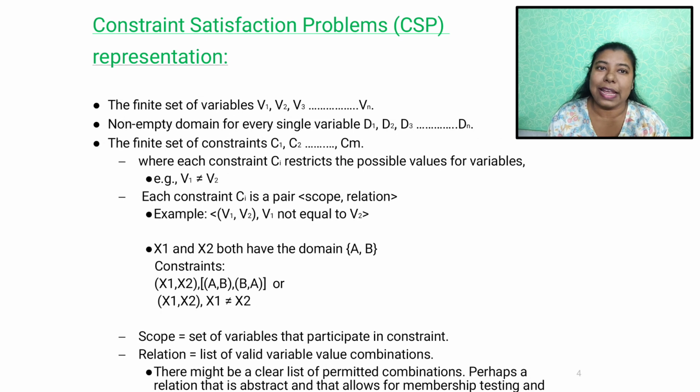Suppose x1 and x2 both have the domain A and B. The rule is that x1 and x2 can be either A or B, or B or A, but they will never be the same. That is my constraint. Depending on that, I have to solve it.